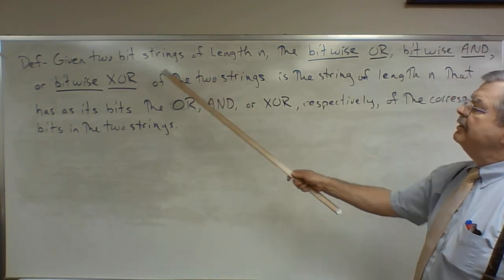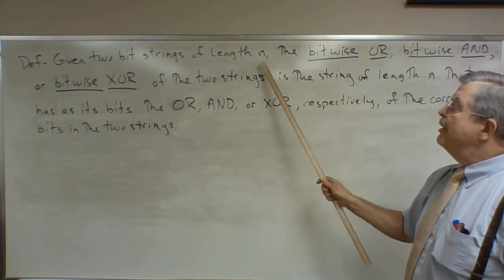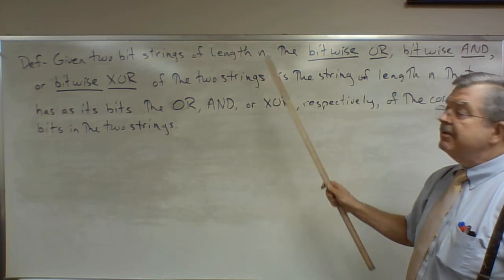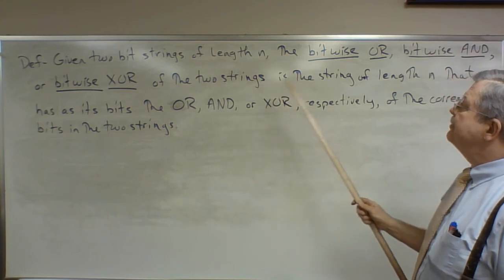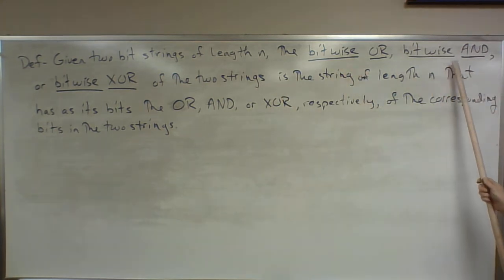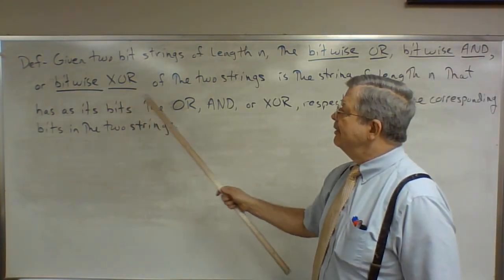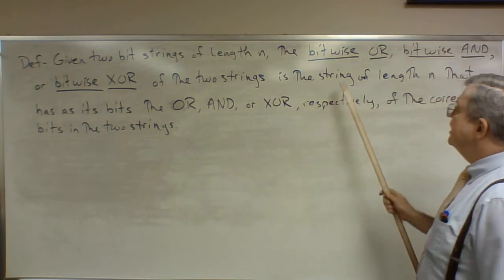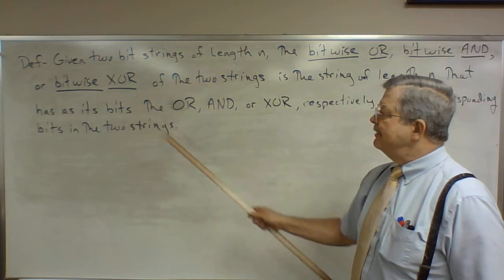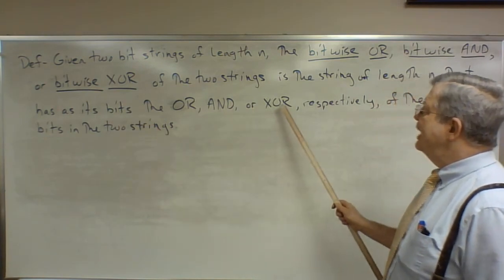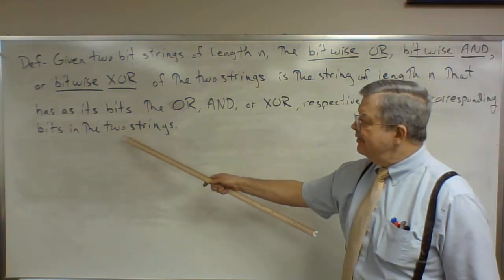Given two bit strings of length n, so if they both have length n, they have the same length, the bitwise OR, the bitwise AND, or the bitwise XOR of the two strings is the string of length n that has as its bits the OR, AND, or XOR respectively of the corresponding bits in the two strings.